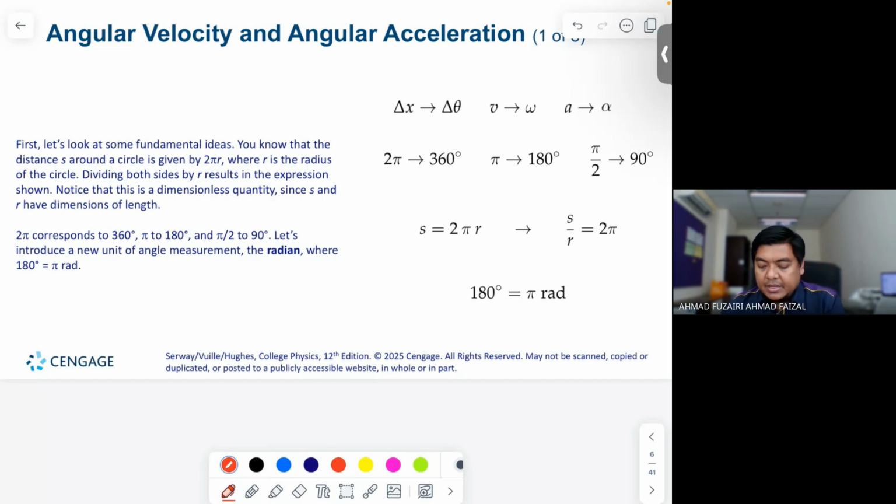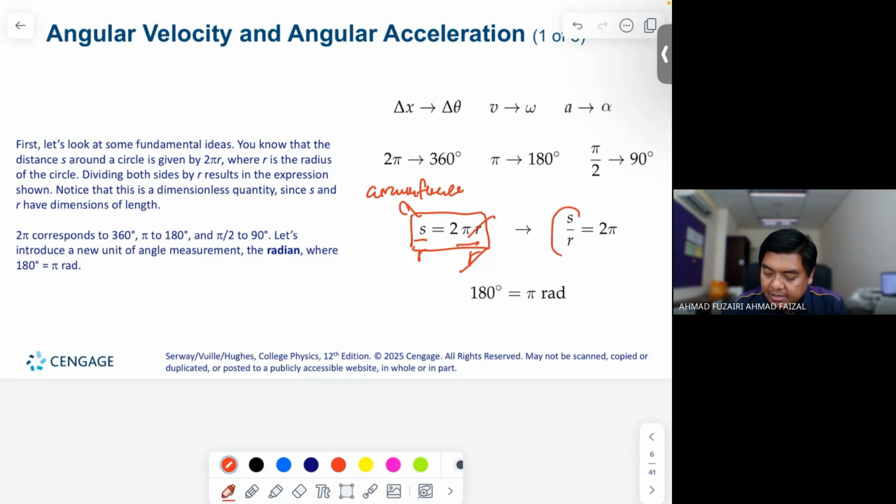Dividing both sides by r results in the expression shown here. So now we have s equivalent to 2 pi r, and s, as you know, is the circumference. If we divide both sides by r, you can cancel out on the right side, but now you are left with s over r equivalent to 2 pi.